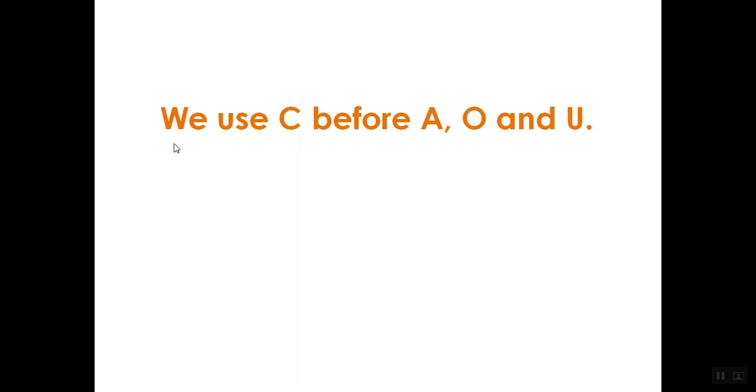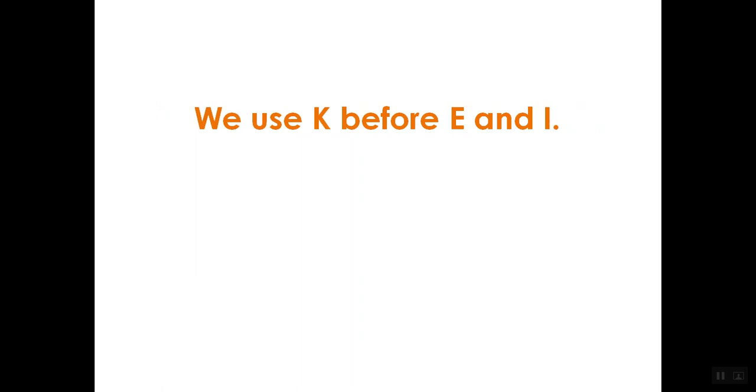The rule for C says we use C before A, O, and U. So if we are finger spelling a word that starts with K and we hear A, O, or U as the vowel, we have to choose to use C, never K. So C comes before A, O, and U. That means that we're going to choose K before our other two vowels that we have learned. We use K before E and I.